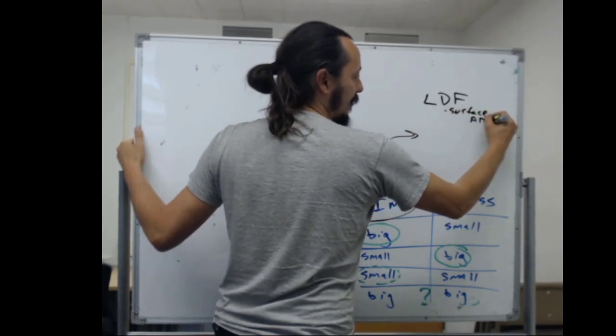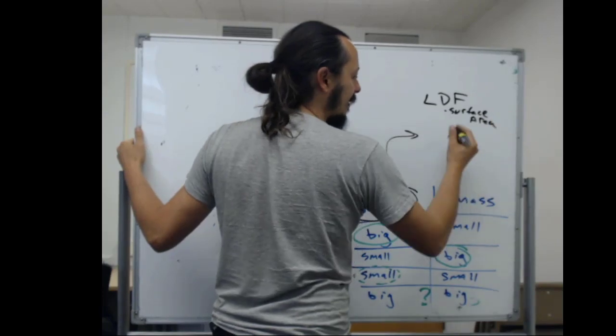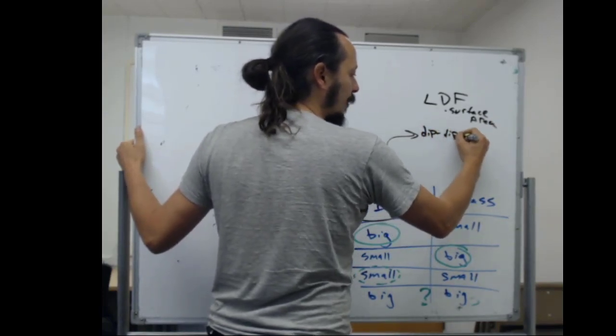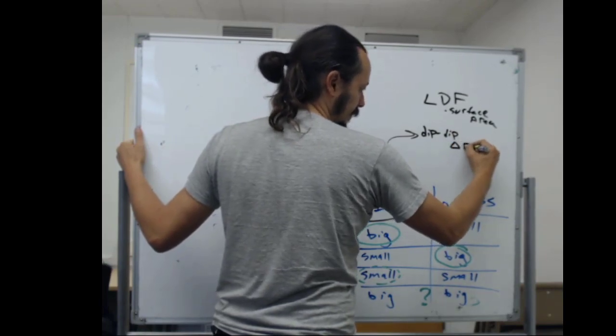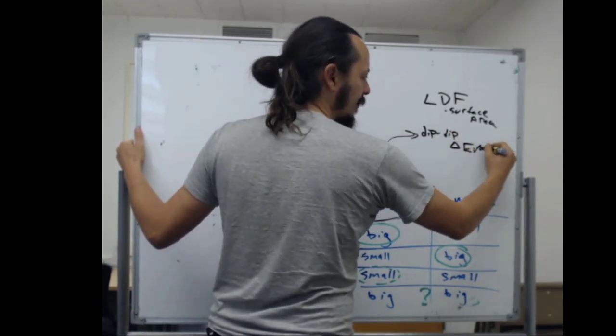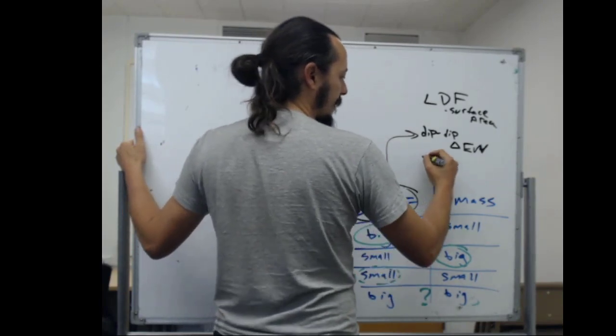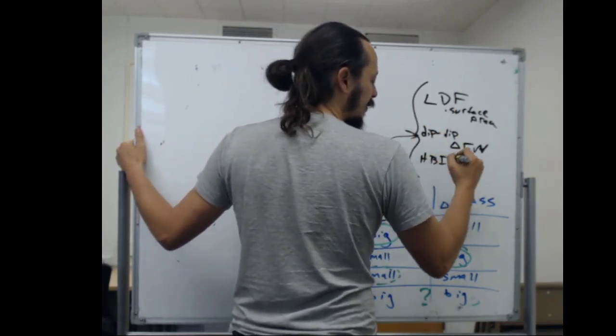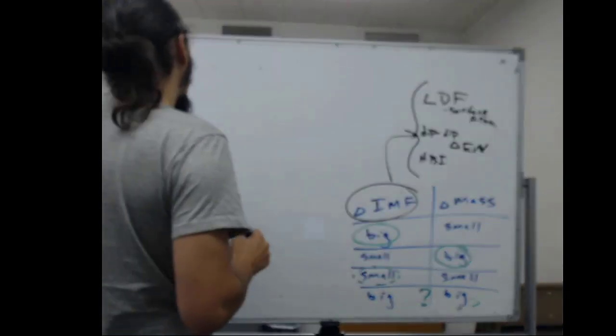The LDF, which is the weakest of those to think about. The dipole-dipole, which has a lot of variability in it. And the hydrogen bonding interaction, which is the strongest, but kind of specialized.